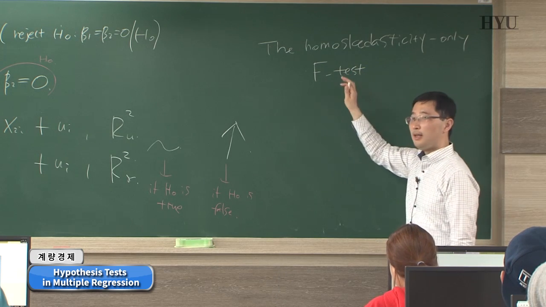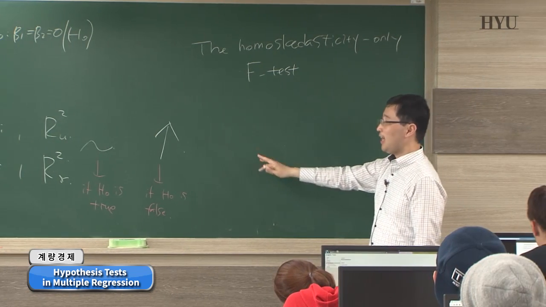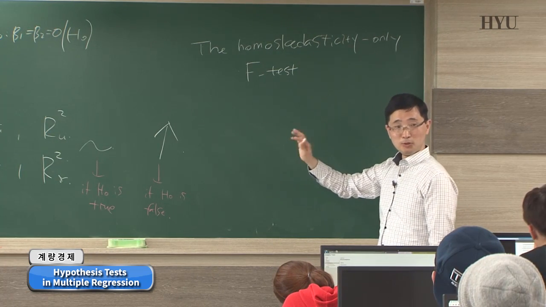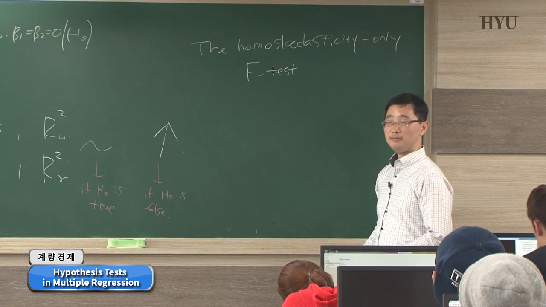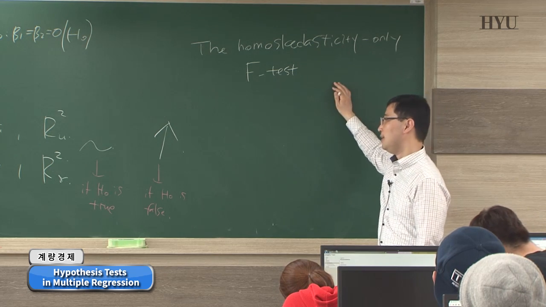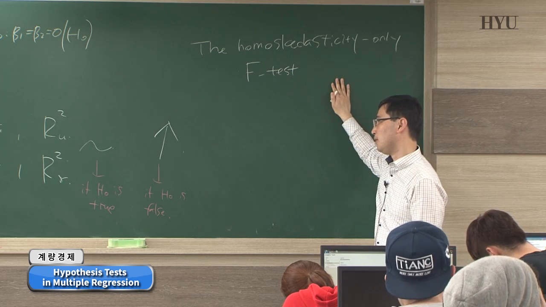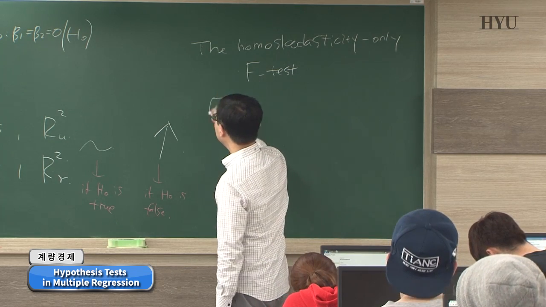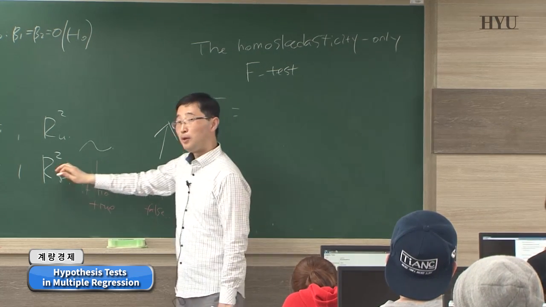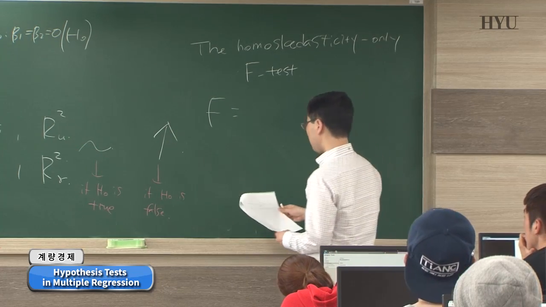And I write it as the homoscedastic-only F test because that exact relationship is true only when we assume homoscedasticity. If you assume heteroscedasticity, then it's more complicated. Okay? So under this assumption, comparing two R squared is exactly equal to the F test in this sense.